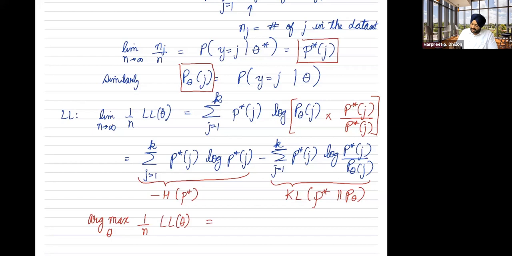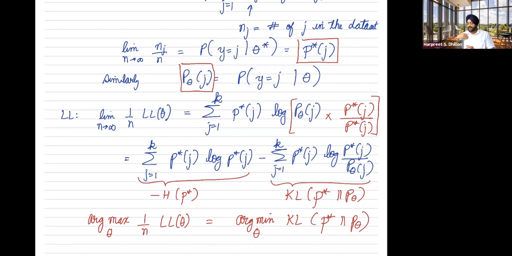Since the first term, which is just the entropy, doesn't contain theta, it is not going to impact our maximization problem. This can now just be written as argmin over theta of the KL divergence between the true distribution and the distribution that you assume.